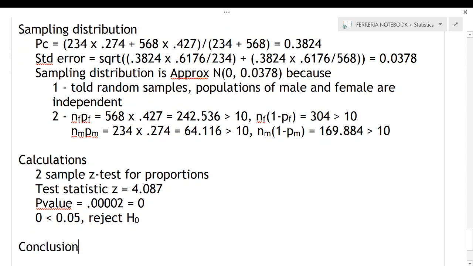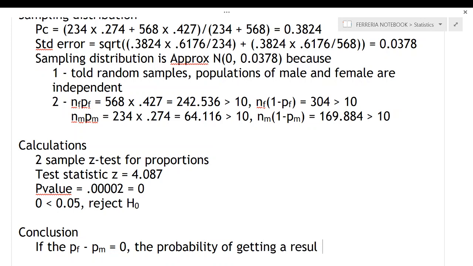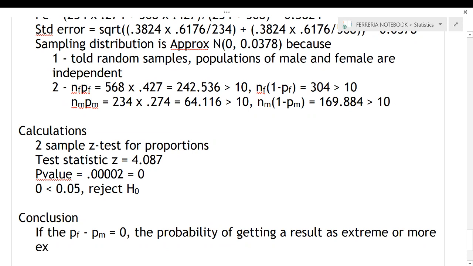Conclusion. If pF minus pM is equal to 0, the probability of getting a result as extreme or more extreme than the one observed is about 0.